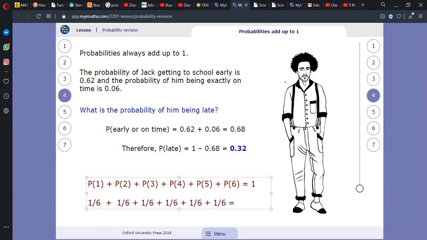If you do the addition of all of that, you get 6 over 6, which is definitely equal to 1. That confirms to us that the rule is correct. Exhaustively, the probability of all possible outcomes must always be equal to 1. And that is perfectly explained. Moving on, guys.